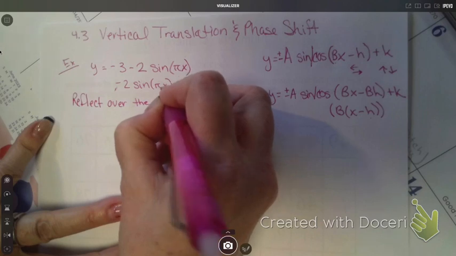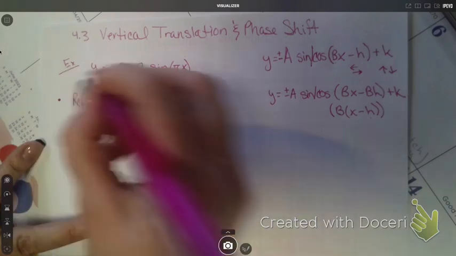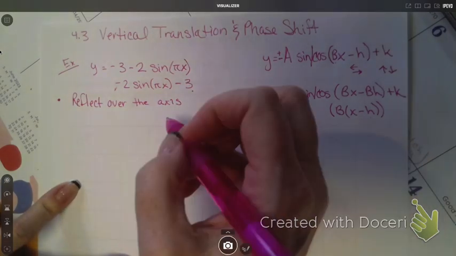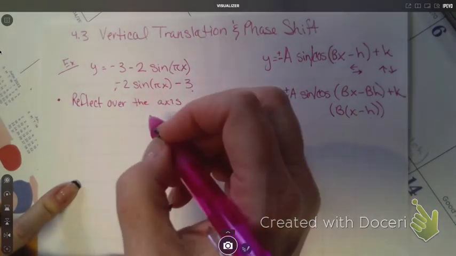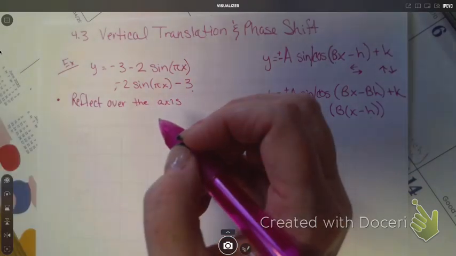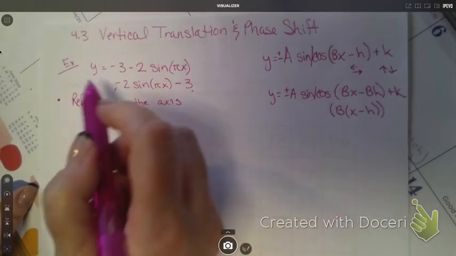Because the thing is we're going to move the axis of the curve, aren't we? Yeah. With h. So I'm going to put reflected over the axis, knowing the axis is in the middle of the curve. Yes? Okay.